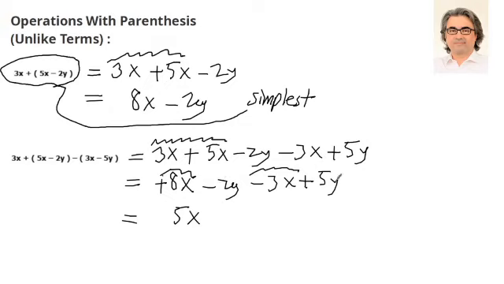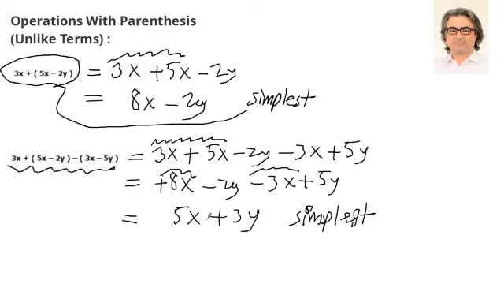Minus 2 plus 5 is 3. 3 times y. Now I reached the final result here. 5x plus 3y. This is the simplest result. I simplified this algebraic expression to this. Now let's continue with the next page.